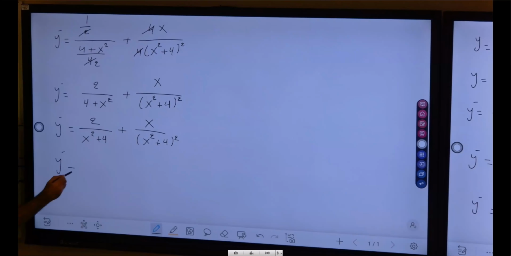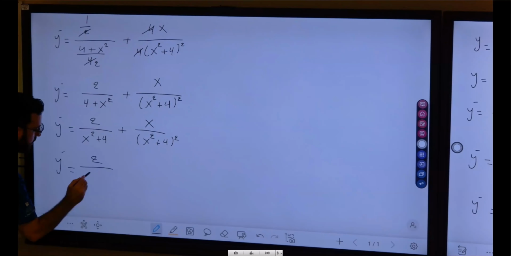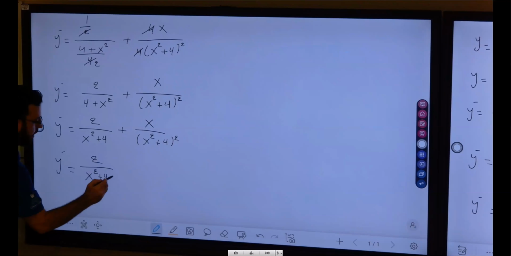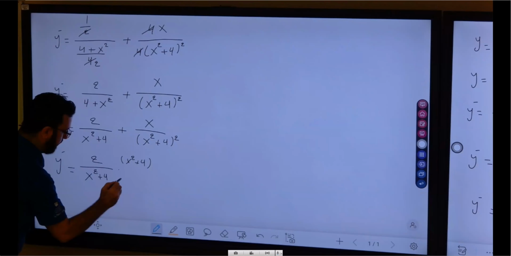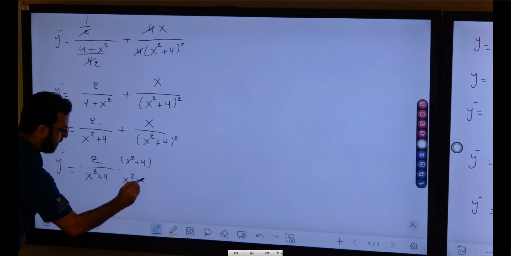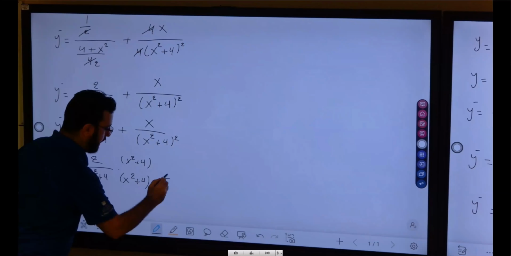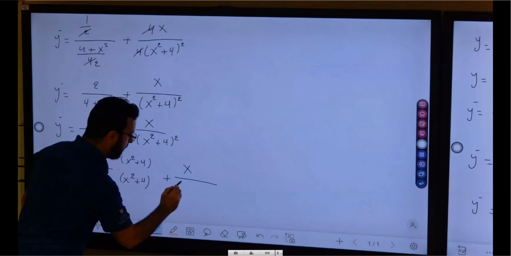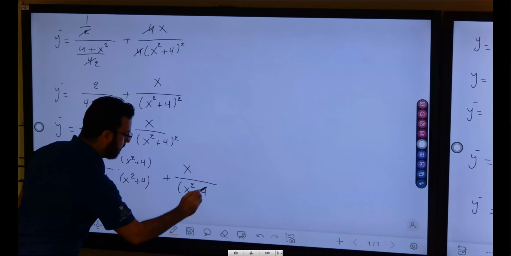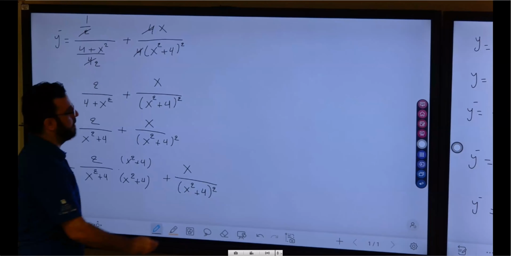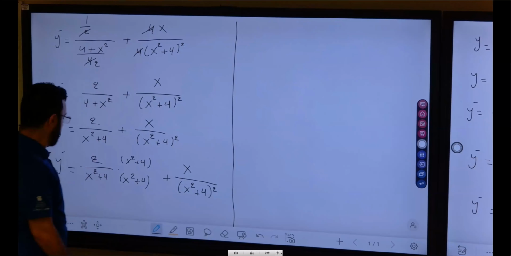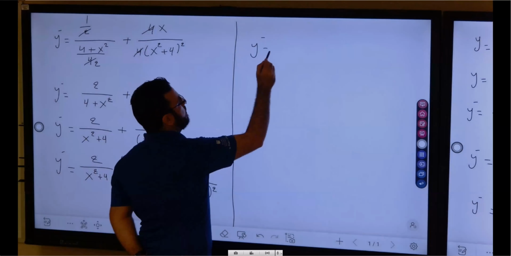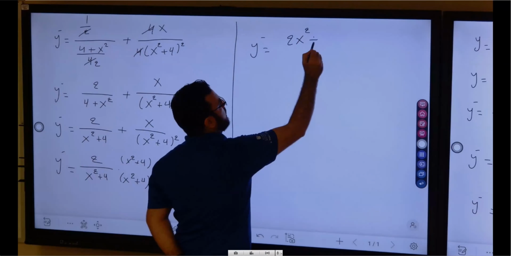That means y prime, here's 2 times x squared plus 4. I'm going to multiply by x squared plus 4 and multiply here. Now on the top, is that 2x squared plus 8? Y prime is going to be 2x squared plus 8.